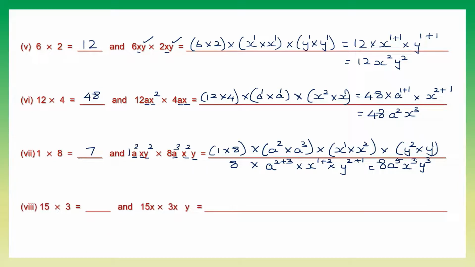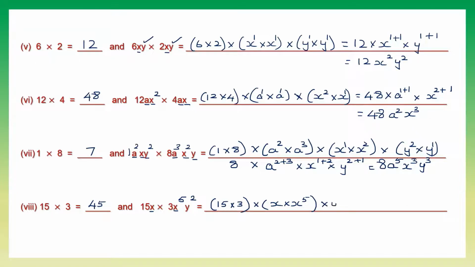Next, the 8th question. 15 into 3. 15 3s are 45. So here let's take out all the numerical coefficients. So 15 into 3. Then let's take the x there. We have 1x here and x to the power of 5 here. X into x to the power of 5. And then we only have y square.